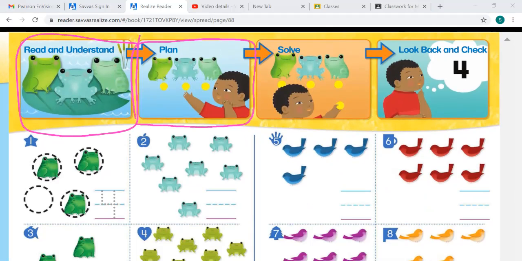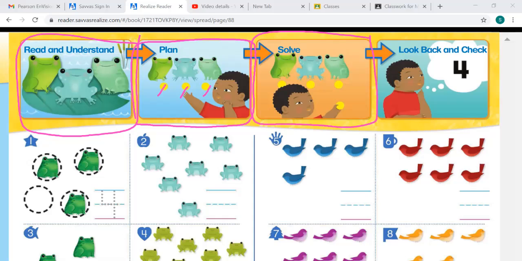Okay, it looks like Dawood uses counters to count the frogs. How can we use the counters to find out how many frogs? Let's count the counters. 1, 2, 3. So we counted 3 frogs.